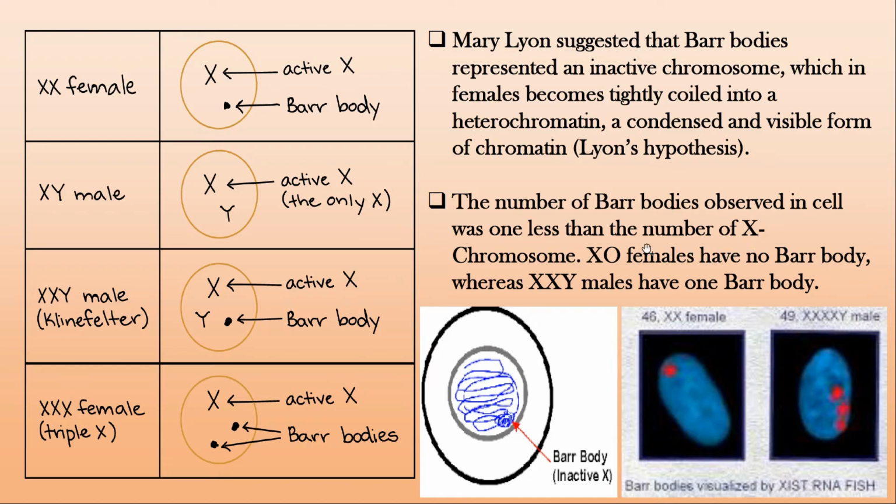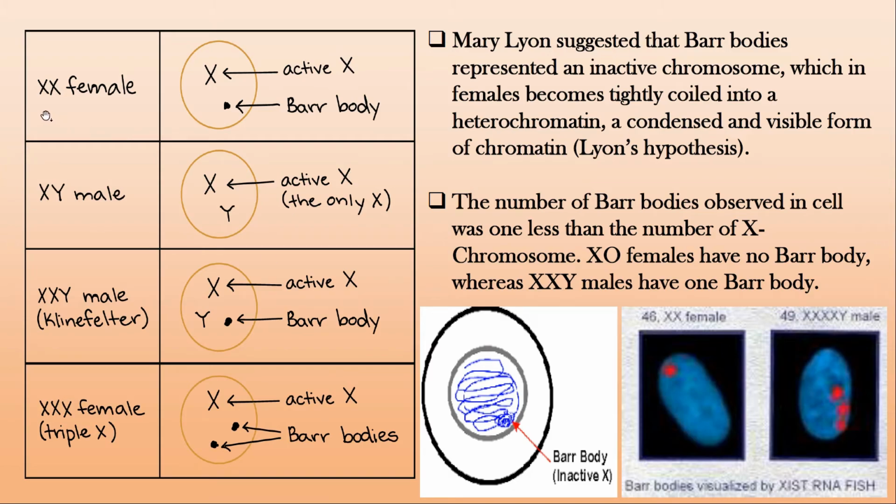That means if there are 2 X chromosomes, the number of Barr bodies in the cell will be 1. If there are 3 X chromosomes, the number of Barr bodies will be 2. We can understand this better from this. The XO female has no Barr body, whereas the XXY male will have one Barr body.